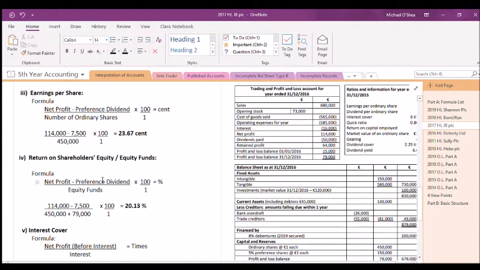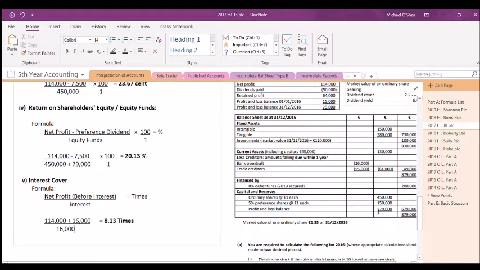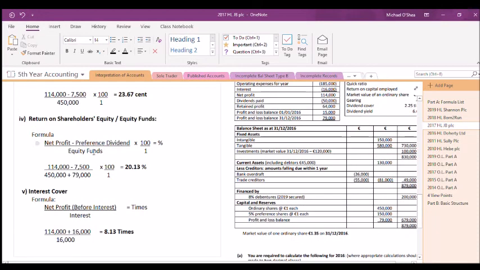So I know my net profit to be 114,000. My preference dividend I've worked out to be 7,500. And my equity funds I can work out. My equity funds is my ordinary shares plus my profit and loss balance. These are my equity funds. This was previously written as total capital employed minus total debt.